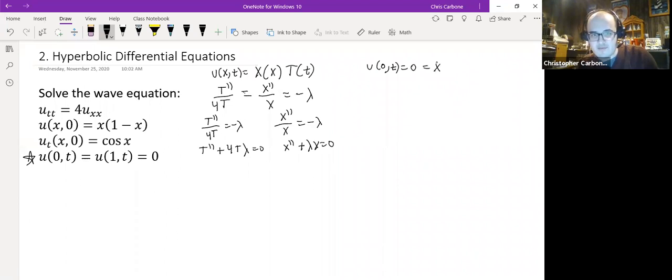That means X of 0 times T of t is 0, which implies that X of 0 is 0. Likewise, u of 1 comma t is equal to 0 means that X of 1 times T of t is 0, which implies that X of 1 is equal to 0.